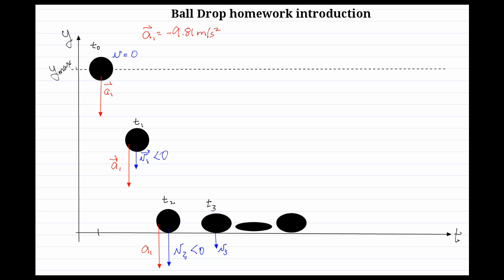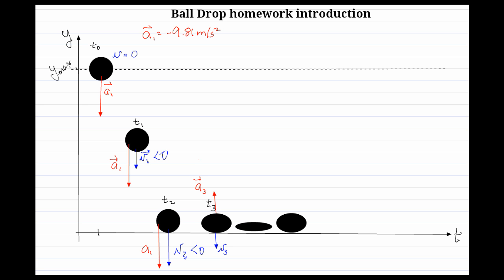Now, since it's slowing down, there must be an acceleration. And the direction of the acceleration is upwards. So we can draw that acceleration like that, and we'll call that acceleration A2. Actually, let's call it A3. And what do we know about that acceleration?